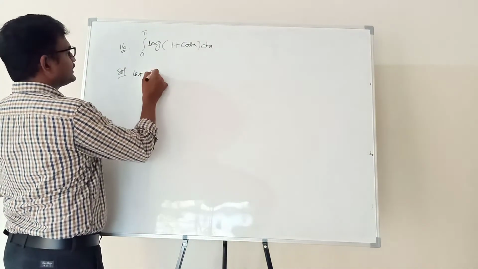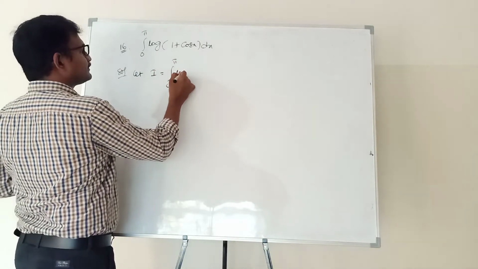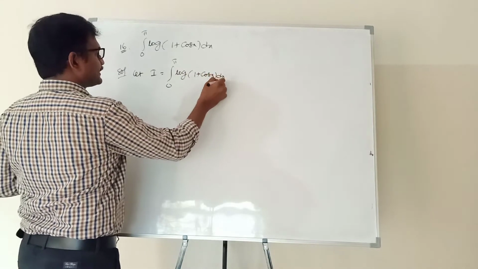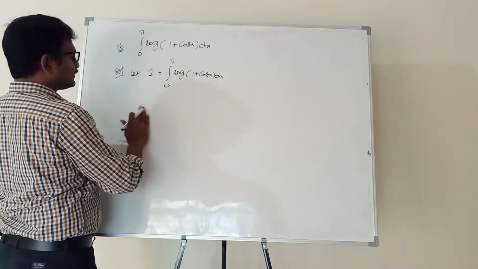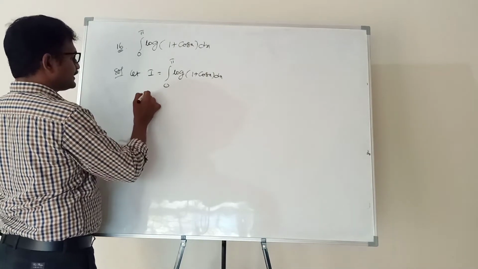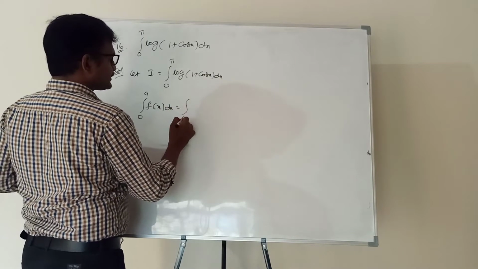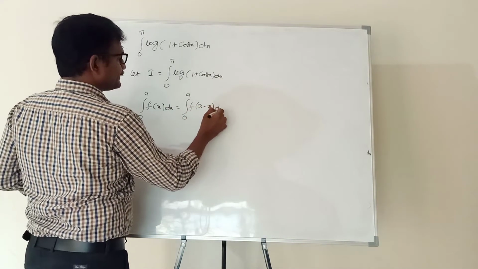Let I be the 16th problem: the integral from 0 to pi of log of 1 plus cos x dx. According to property number 5, the integral from 0 to a of f of x dx is equal to the integral from 0 to a of f of a minus x dx.